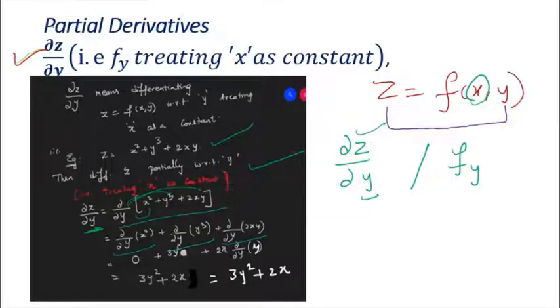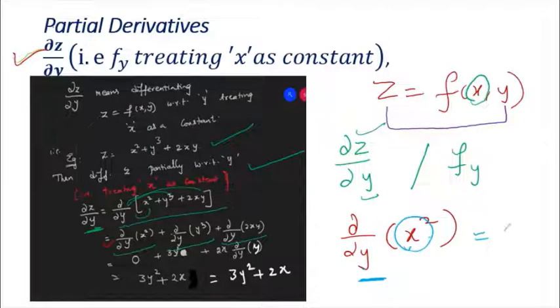So when it comes to dou by dou y of x square, you are differentiating with respect to y and the variable is x. So this is a constant, so it is 0, because other than y, anything is treated as a constant.